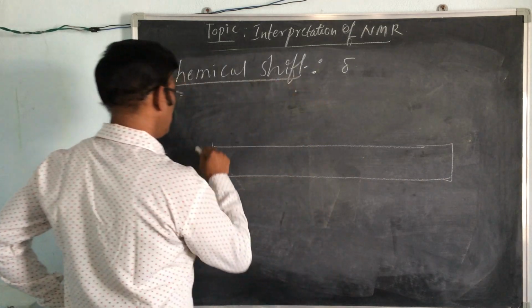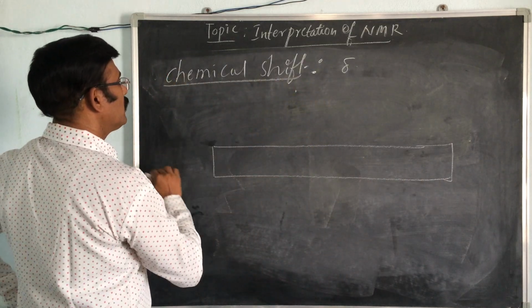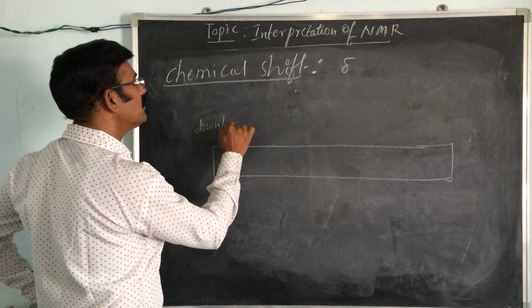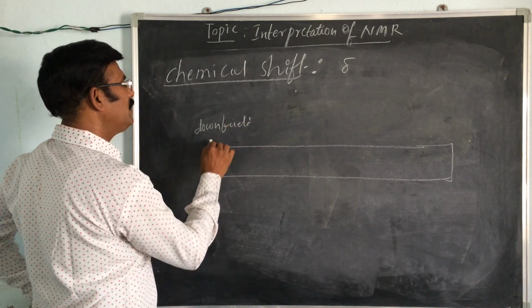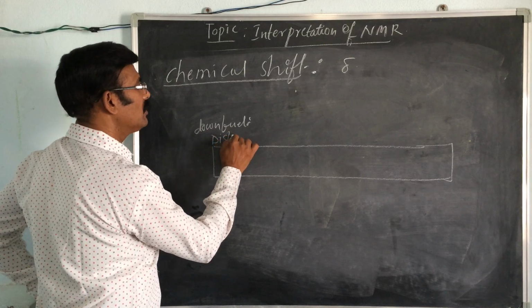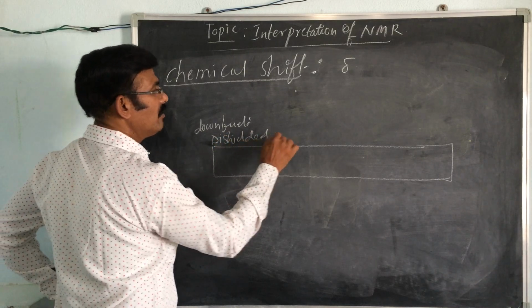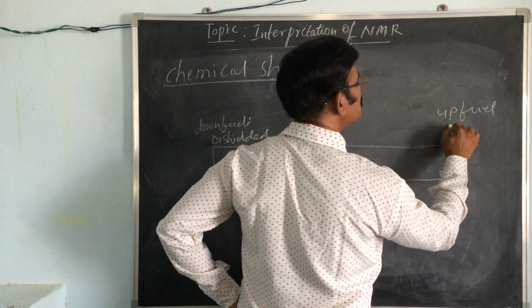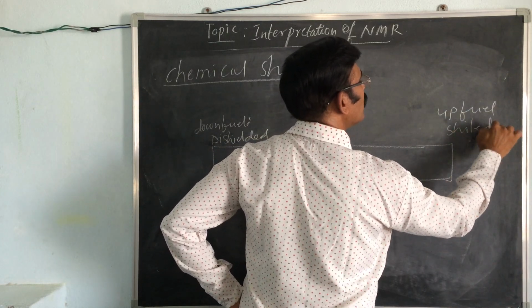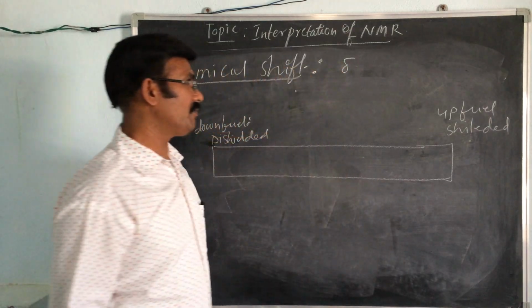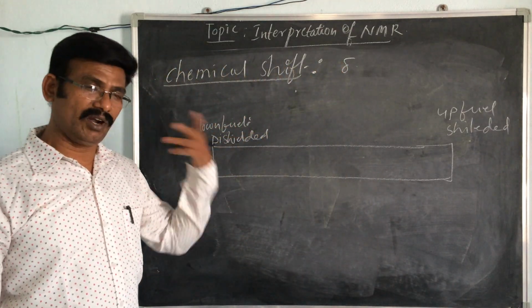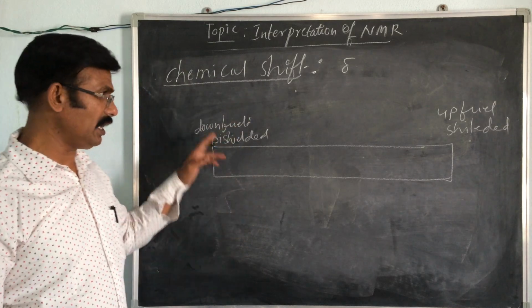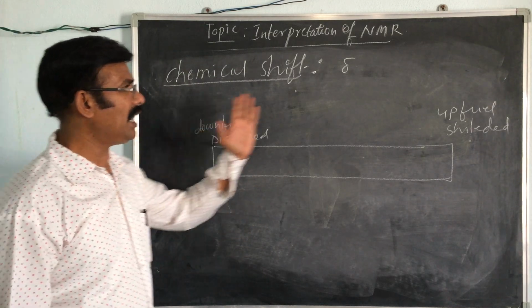Here it is downfield, de-shielded, and upfield, shielded. Already we studied in chemical shift what is meant by shielding, de-shielding. Shielding and de-shielding is called the chemical shift. Okay, so this is the downfield and upfield.